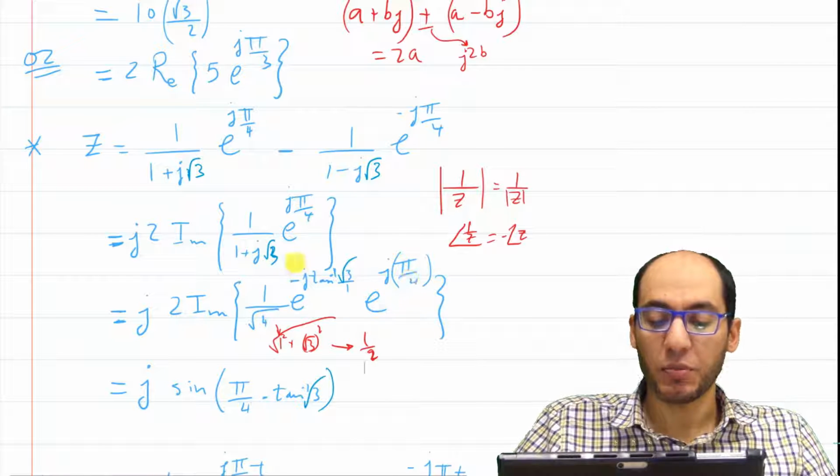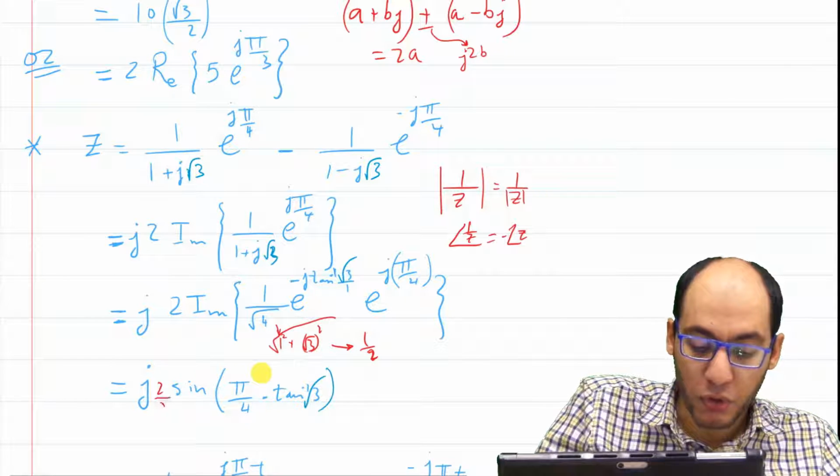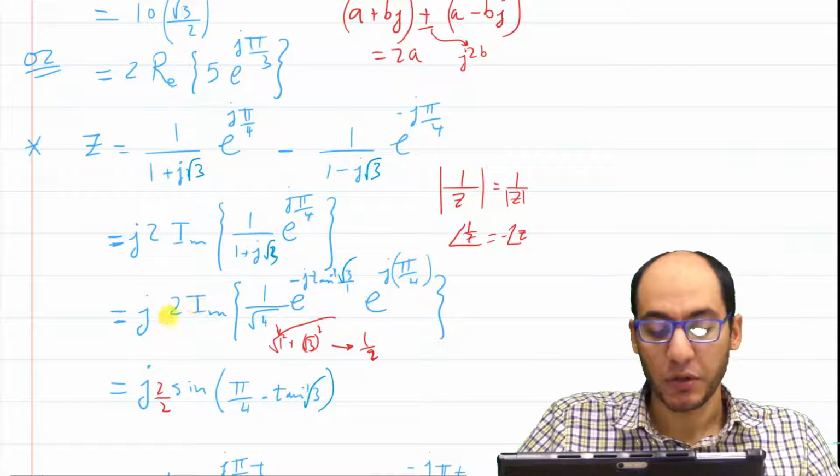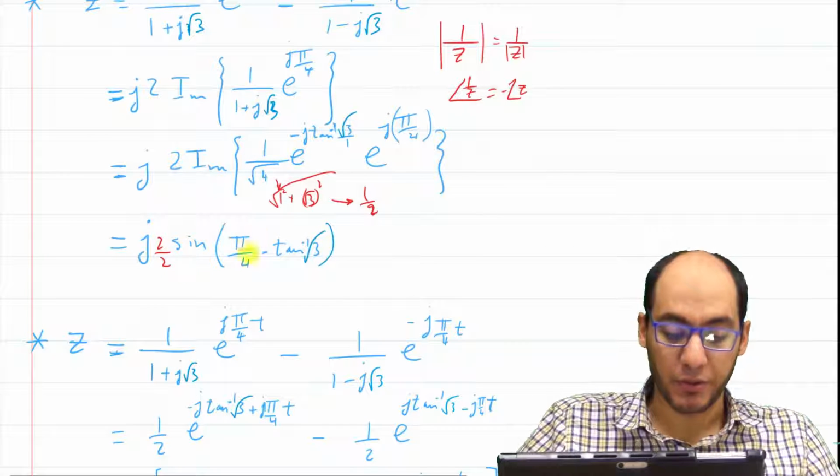The angle is this angle plus that angle. So pi over 4 plus negative tan inverse of square root of 3, under the sine. And here I have 2 over 2, which gives us 1, the 2 in the numerator coming from the twice, and the 2 in the denominator coming from the half. Okay, so this becomes the final answer.